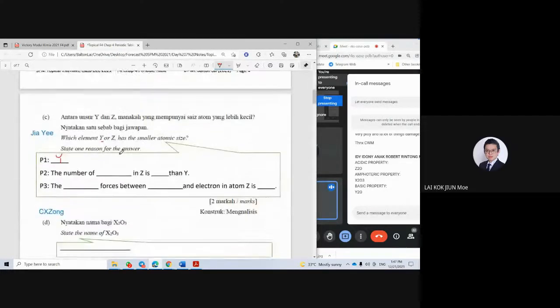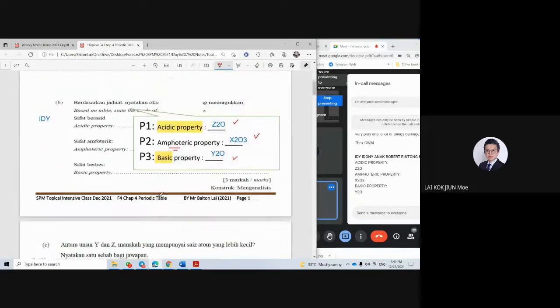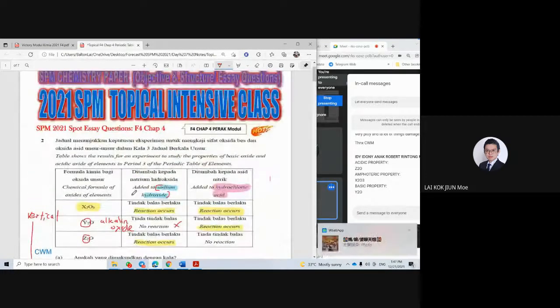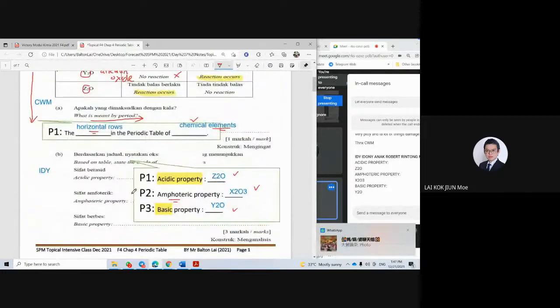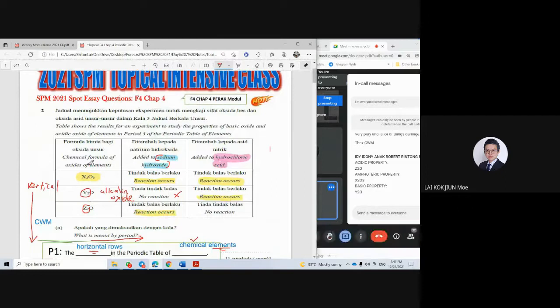From this table we know. This one reason because the number of what? The number of Z is what then Y? How we know number of Z? Number of what? Sini ialah ikut period 3, period 3.